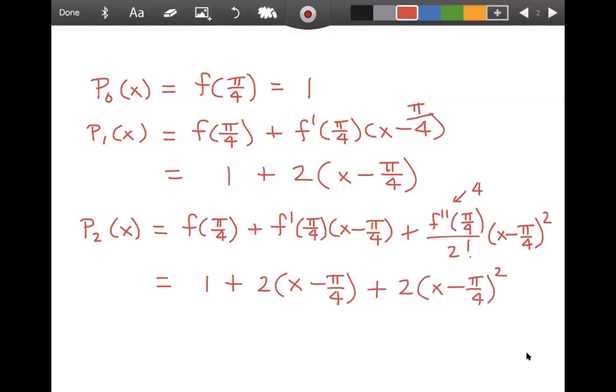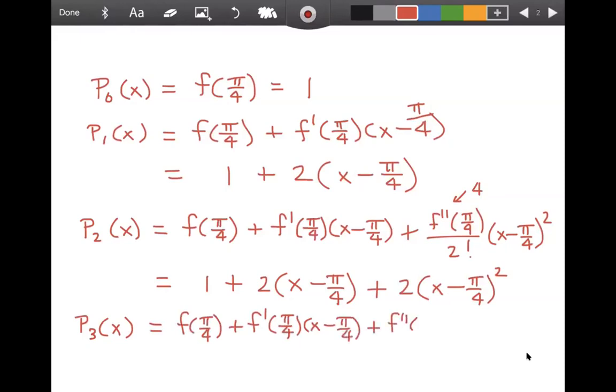And then finally, P3 of x is going to be f of pi over 4. I thought about writing this a lazier way, but I don't want to confuse anybody. So f double prime pi over 4 over 2 factorial x minus pi over 4 squared. Unfortunately, I am going to run out of room.